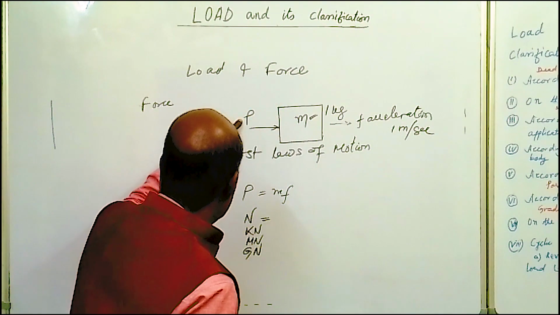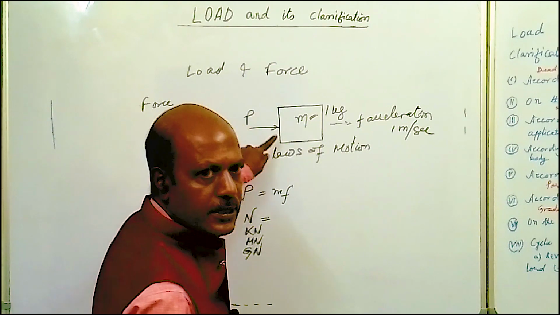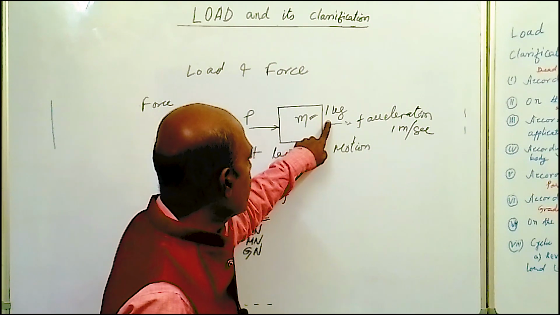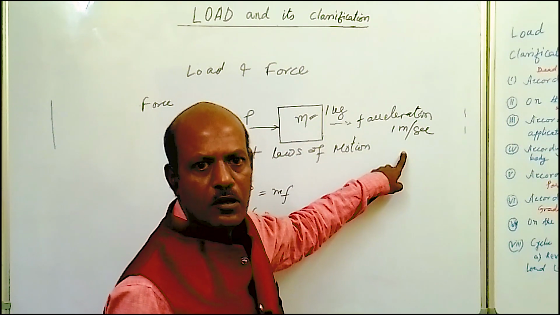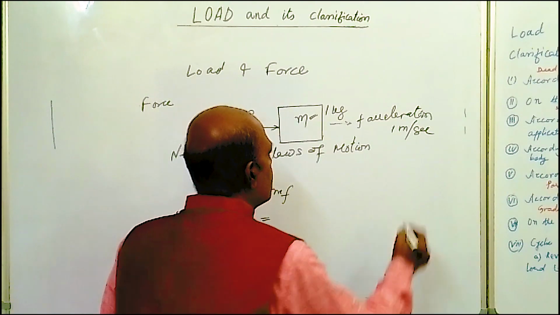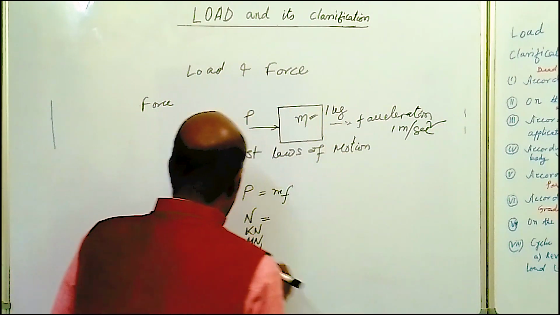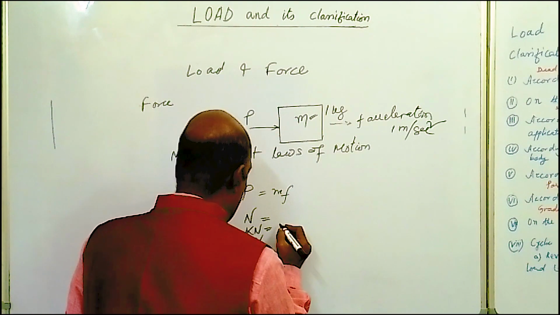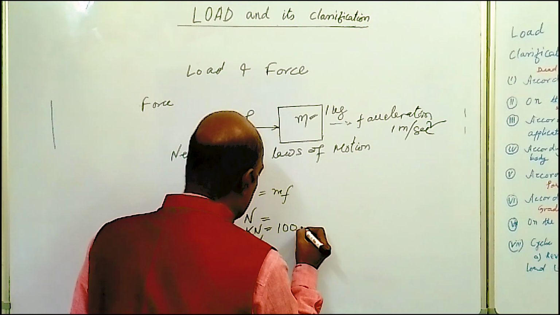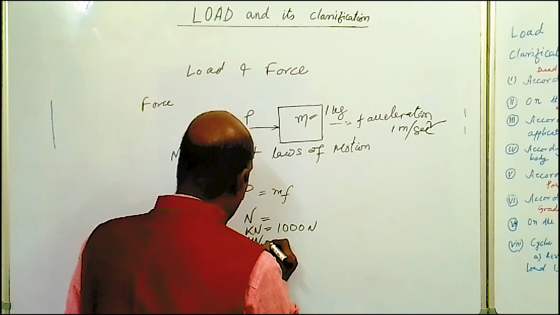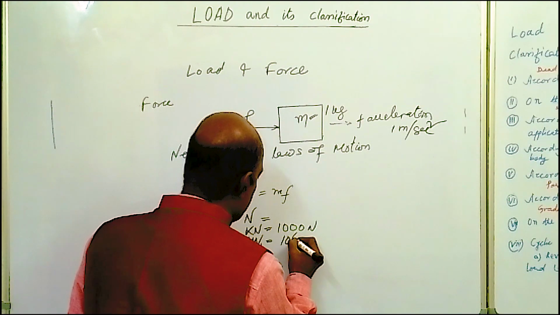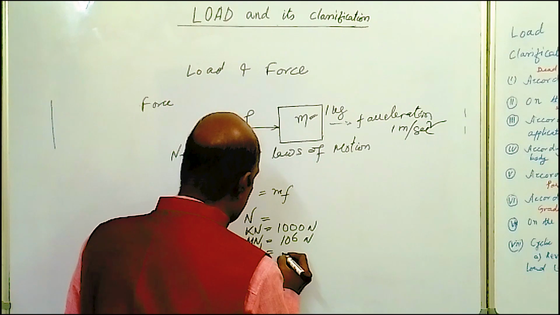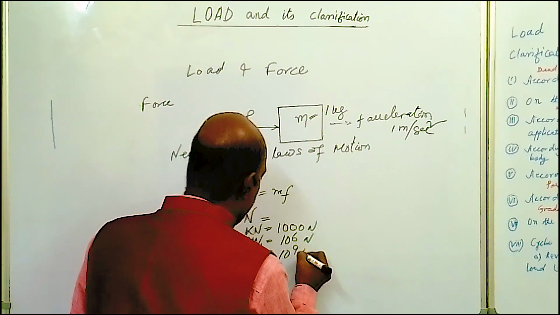Kilonewton is a bigger unit and it is equal to 1000 Newton, meganewton is equal to 10 to the power 6 Newton, and giganewton is equal to 10 to the power 9 Newton.